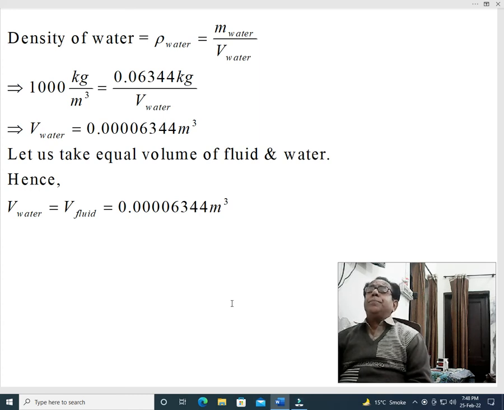Dear students, actually density of water is given in the table of densities, and we can take that value directly, but we will write it in this way.